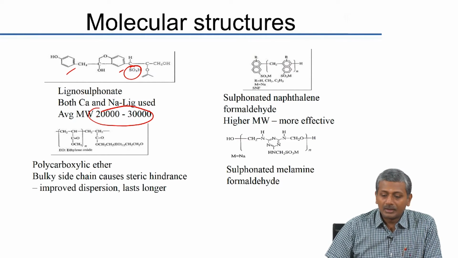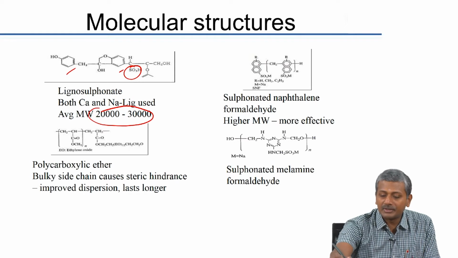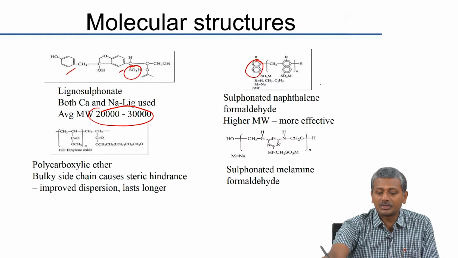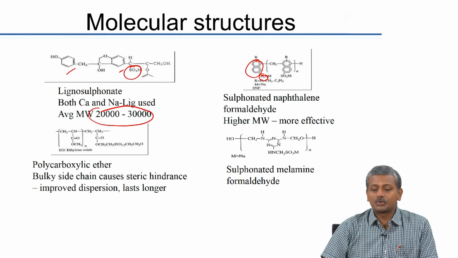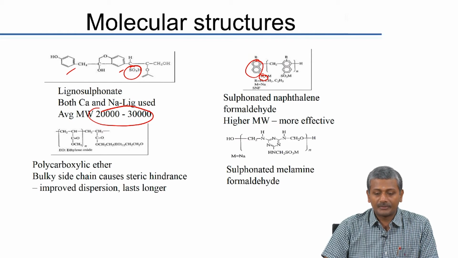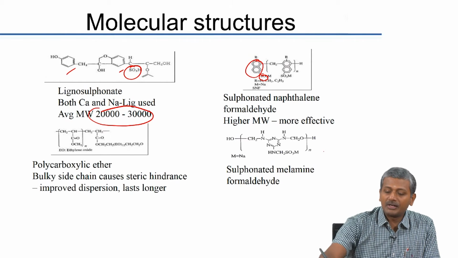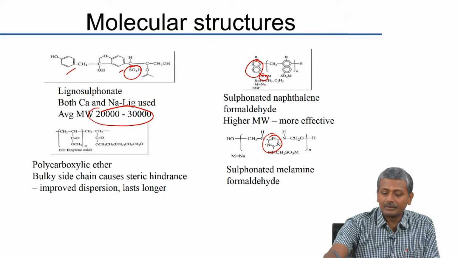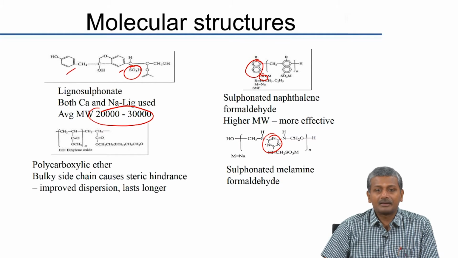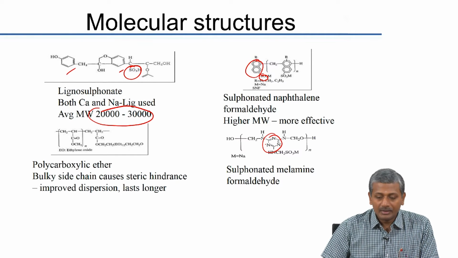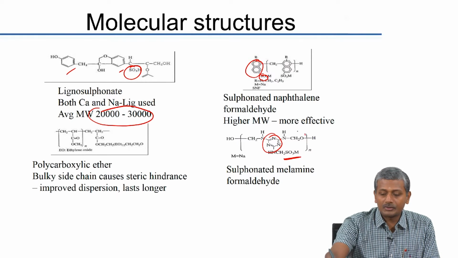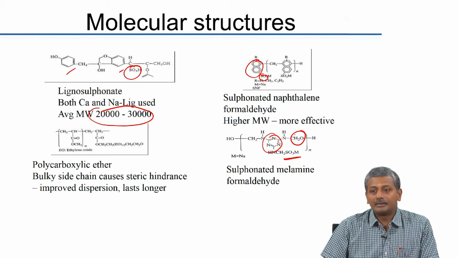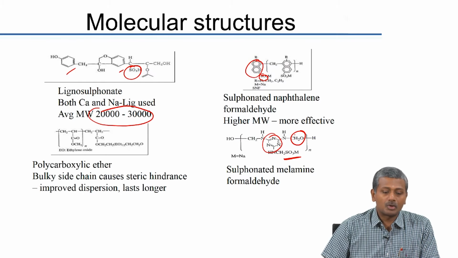In sulfonated naphthalene formaldehyde, you have the basic naphthalene structure and the sulfonate attached to a certain position in it. And sulfonated melamine formaldehyde again has this basic melamine unit which has been sulfonated, and there is also formaldehyde attached in this chain which produces the monomeric unit.